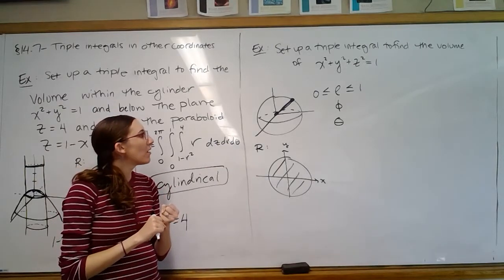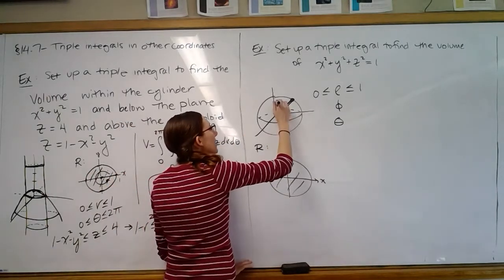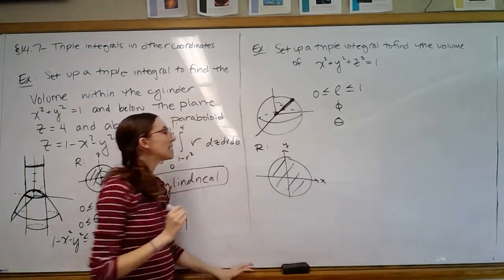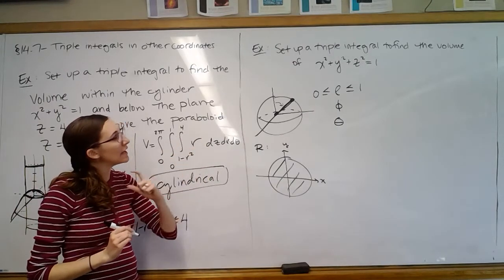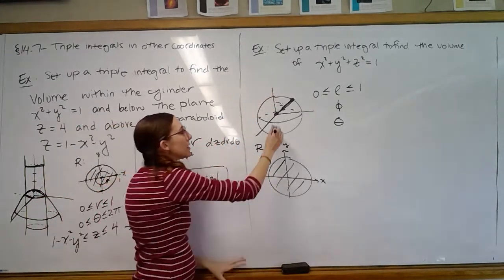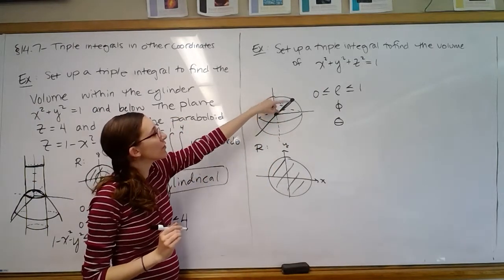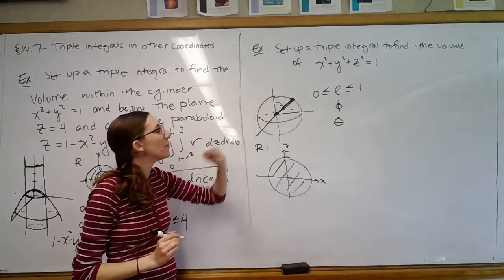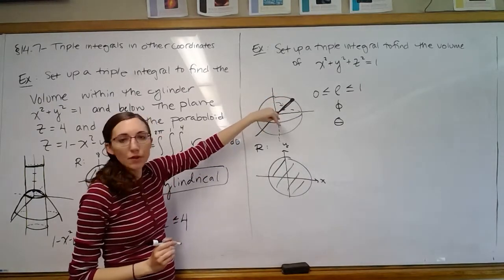Then for phi, remember, it is the angle between that little line segment and the z-axis. What we really need is to swing the full way, we want the full sphere, all the way from the upper hemisphere to the lower hemisphere.